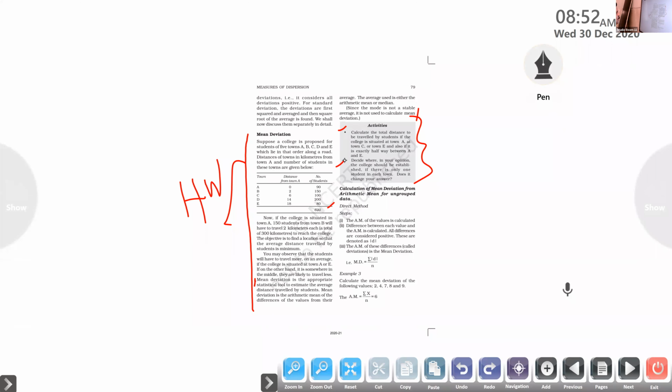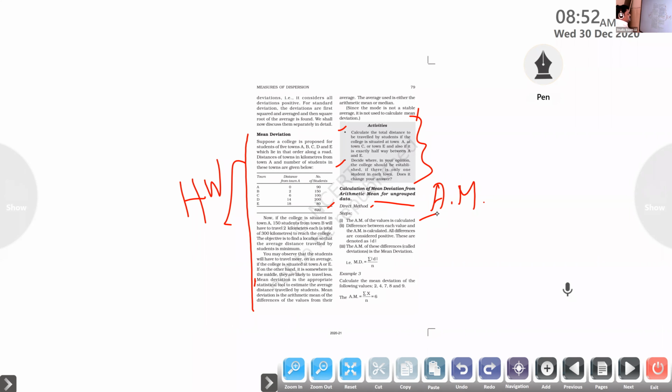Next, moving forward: calculation of mean deviation from the arithmetic mean for ungrouped data, direct method. There are a number of steps to find the mean deviation. First, we want to find the arithmetic mean of that particular set of data.